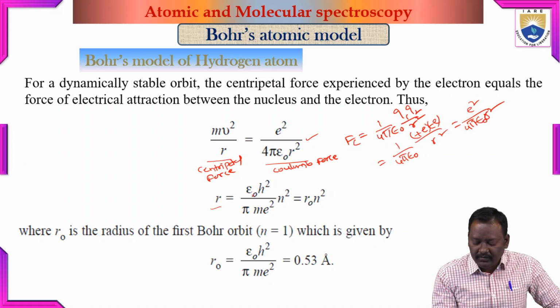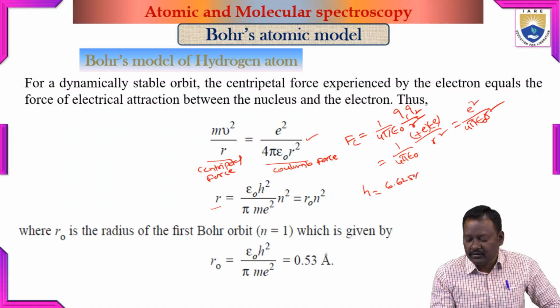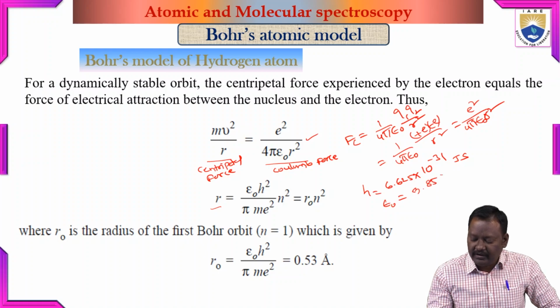We already know the constant values. h is Planck's constant, equal to 6.625 into 10 power minus 34 joule second, and epsilon naught, the permittivity of free space, equal to 8.85 into 10 power minus 12 Coulomb square per Newton meter square.